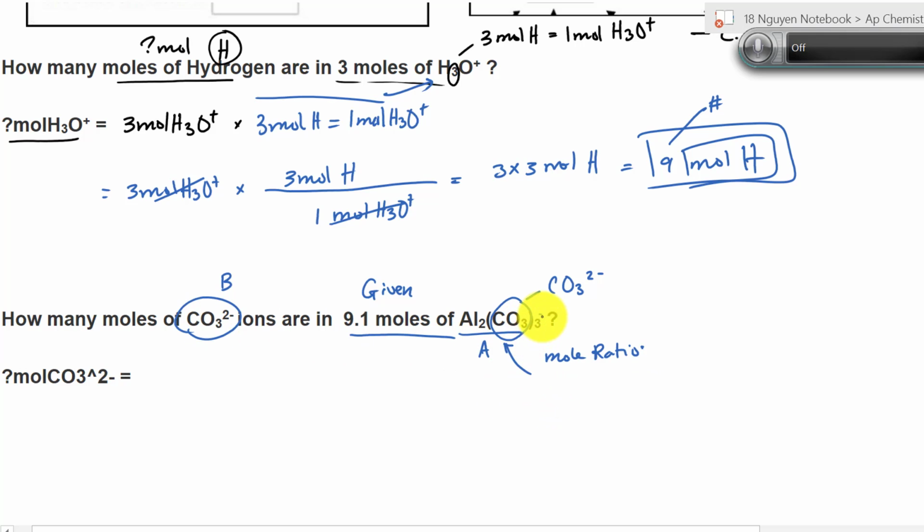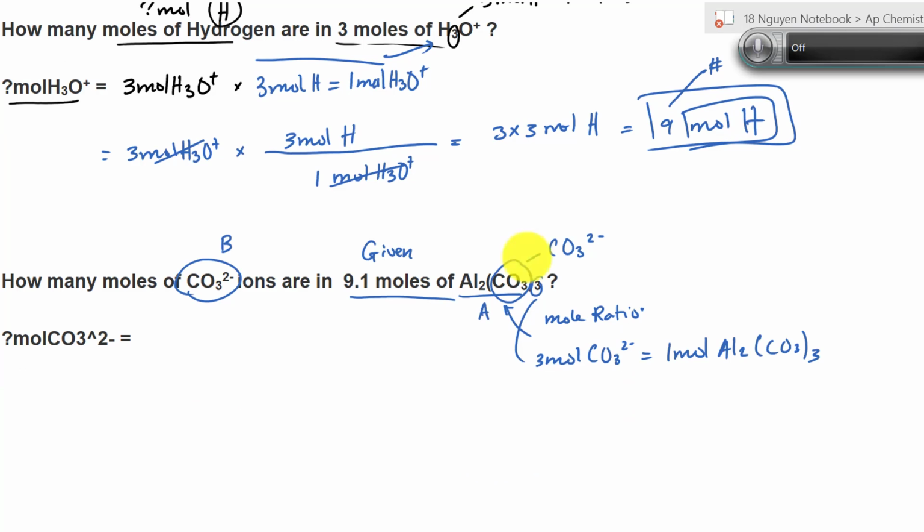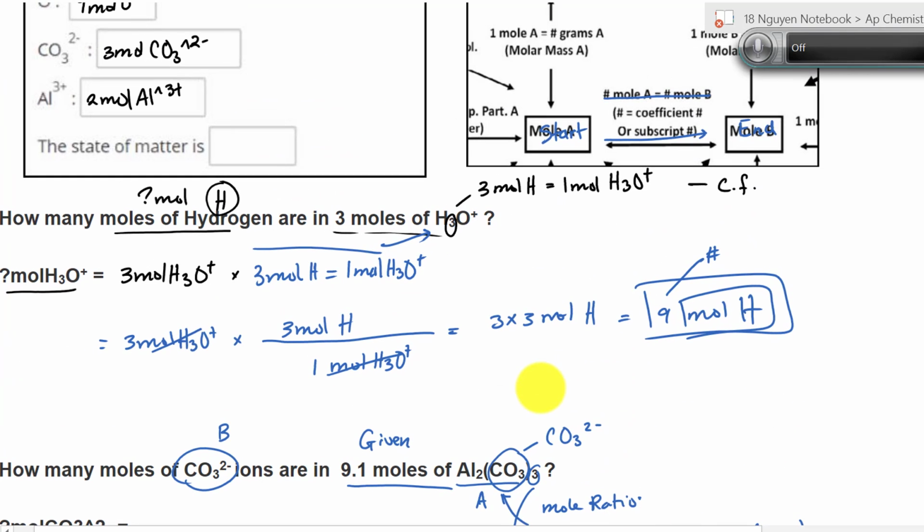How many carbonate do we have? That's 3 moles of carbonate, CO3 2-, equal to 1 mole of Al2(CO3)3, or aluminum carbonate. So 1 mole of this whole entire substance has 3 moles of CO3 2-.